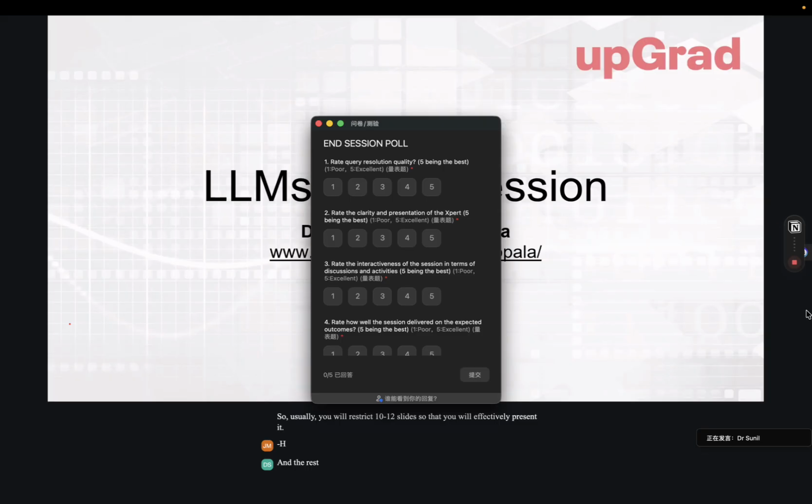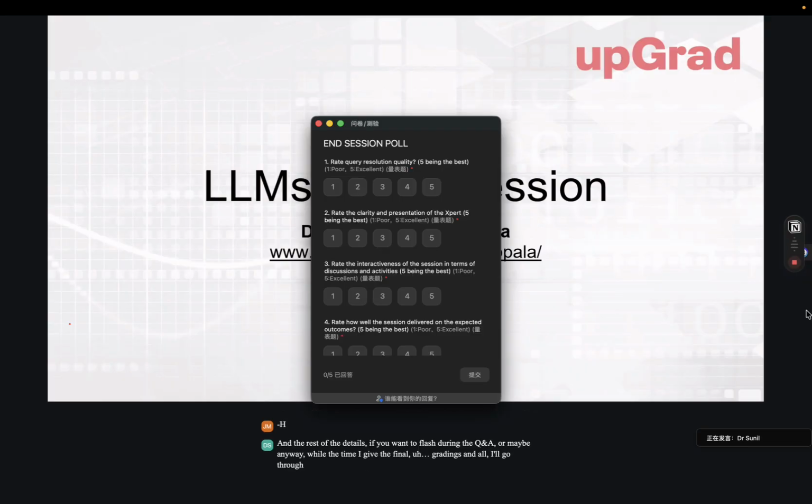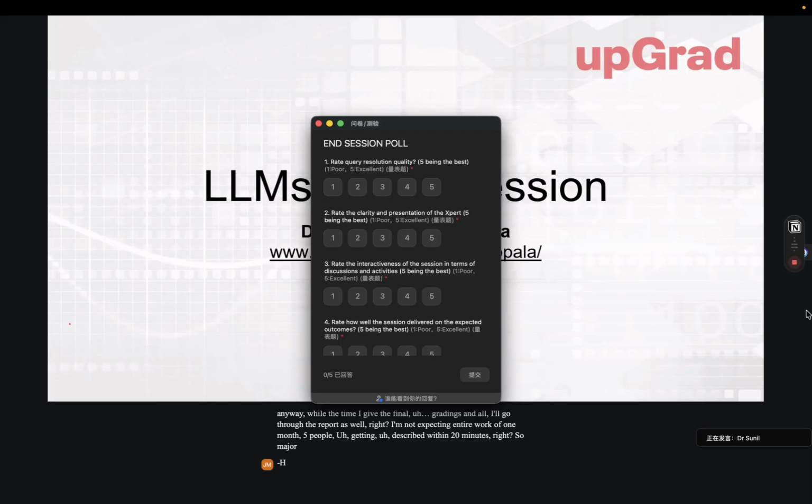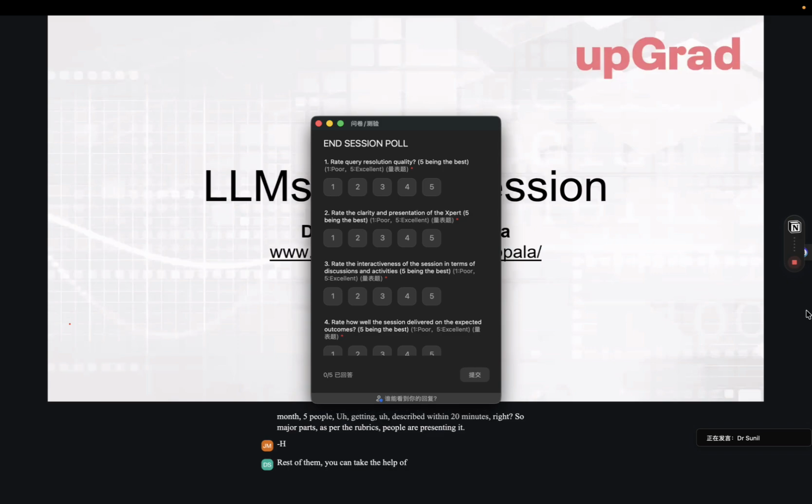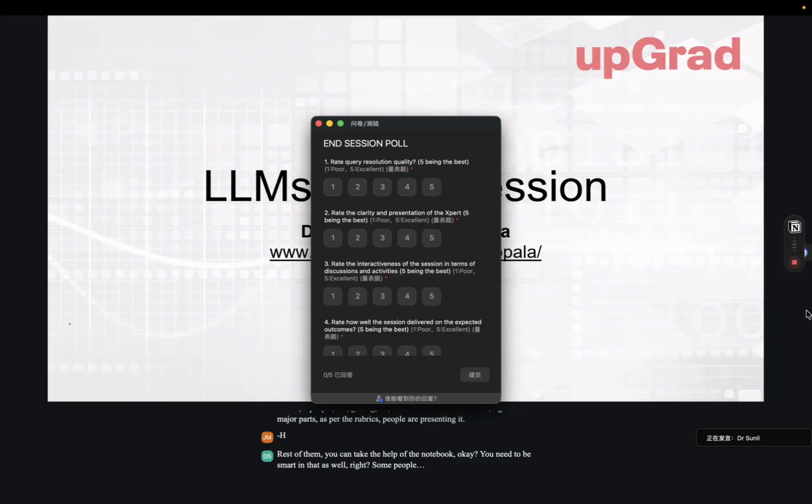The rest of the details, you can flash during the Q&A, and by the time I give the final gradings, I will go through the report as well. I'm not expecting the entire work of 1 month by five people to be described within 20 minutes. So the major parts, as per the rubrics, you present; for the rest, you can take the help of the notebook. You need to be smart in that as well. Some people, what I've seen, showed the entire GenAI solution at a very high level, like 3 boxes.